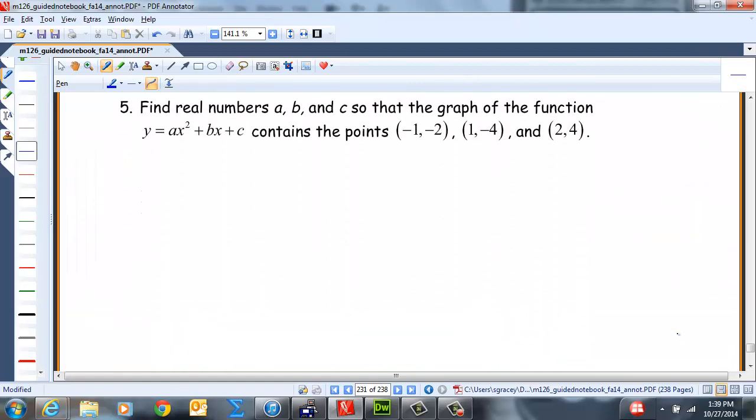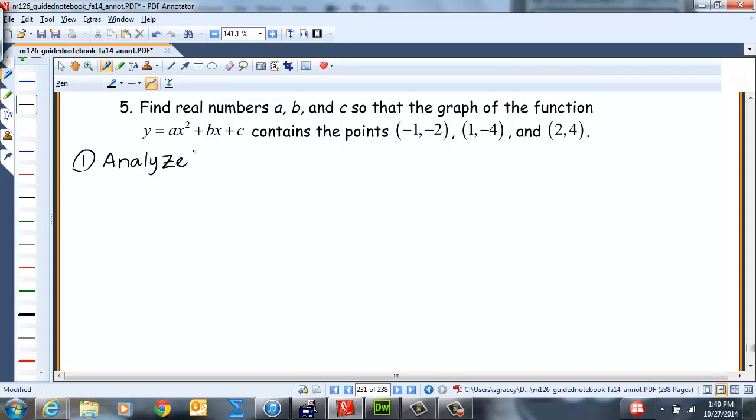So find real numbers a, b, and c so that the graph of the function y equals ax squared plus bx plus c contains the points given there. So this guy's a little different. The first part will actually be sort of the analysis.